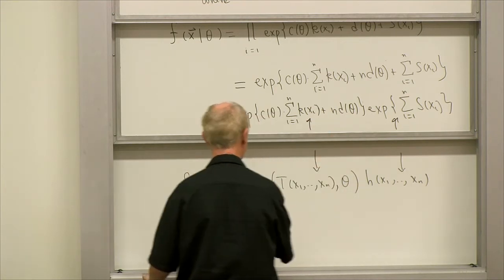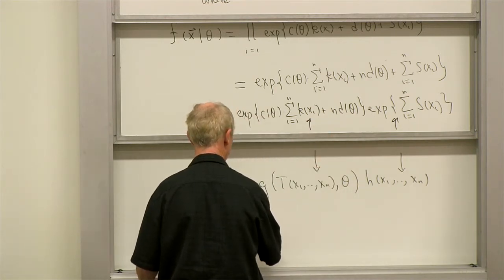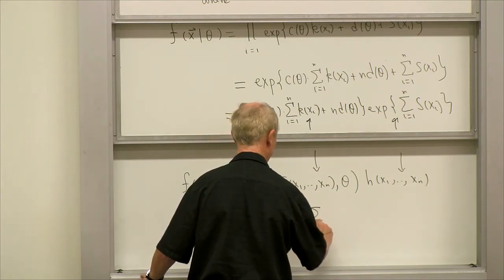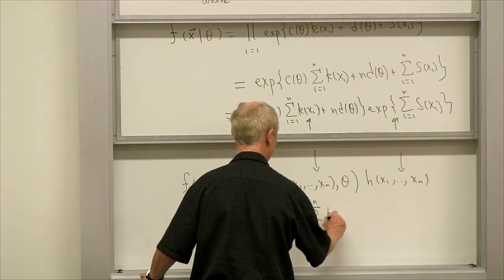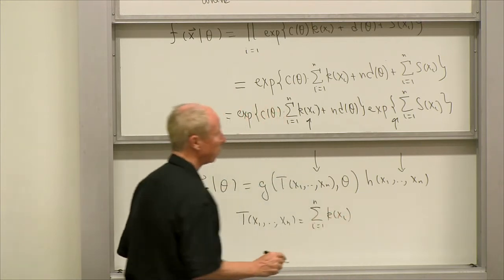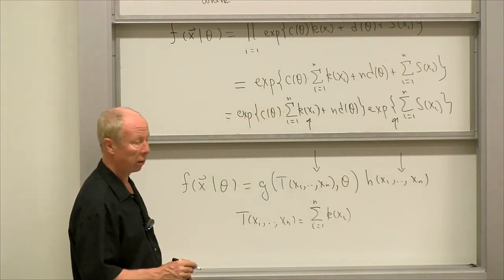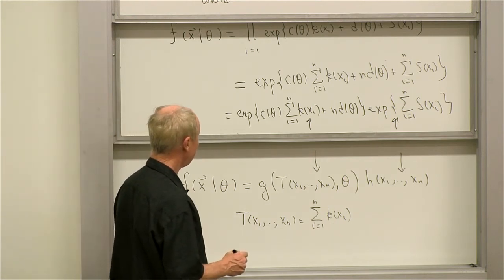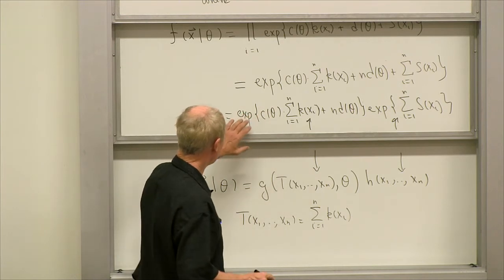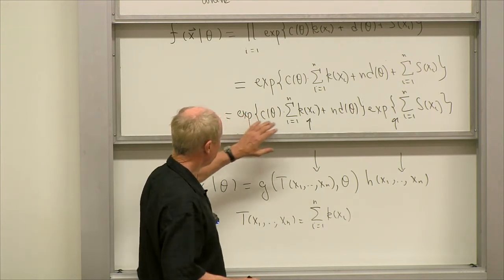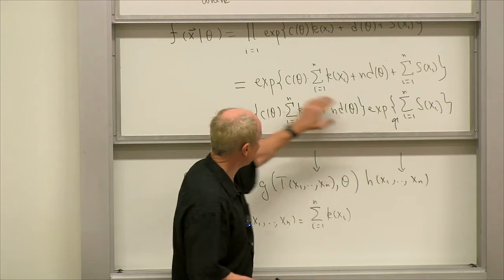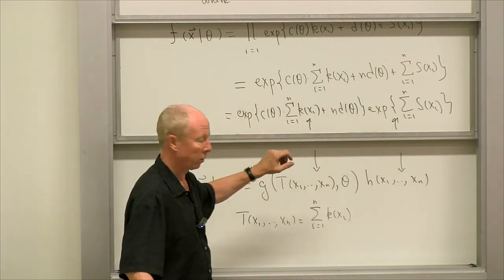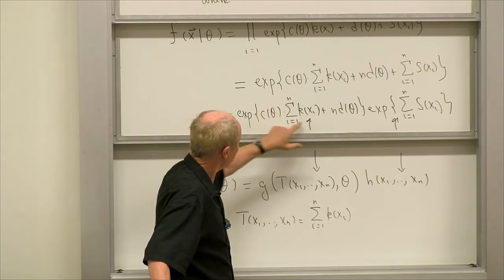And what would the sufficient statistic be then? T of x1 through xn would be the sum of the xi's, or k of xi's. Okay? Why is it not e to that sum? Here? So this is a function of how does the data appear in this function? Only through this sum, right?